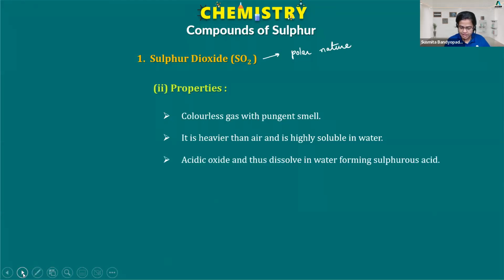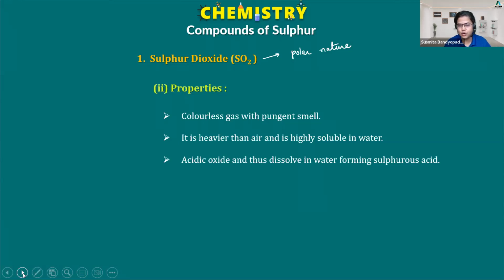Of course, it's an acidic oxide. Oxides of nonmetals are acidic in nature. There are a few oxides of metals which dissolve in water to give an acid. Generally metal oxides are basic in nature.